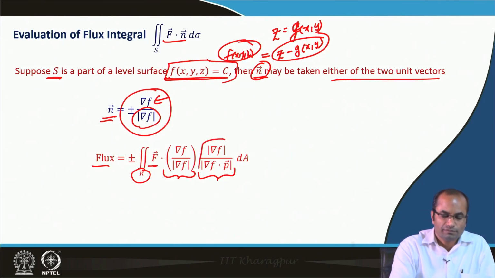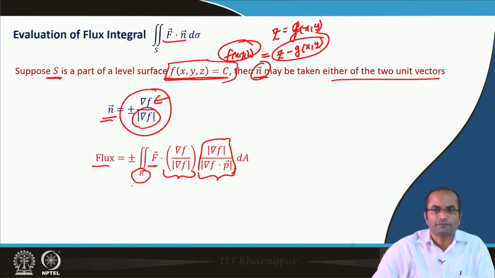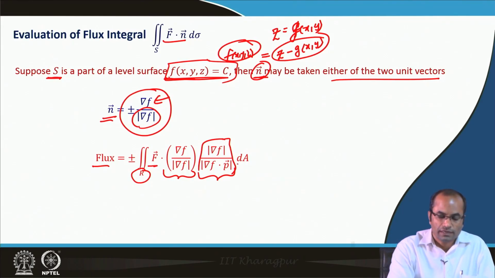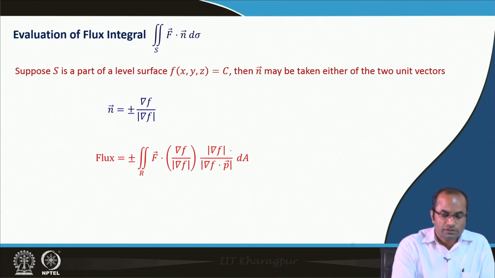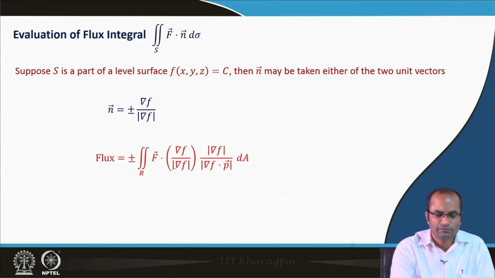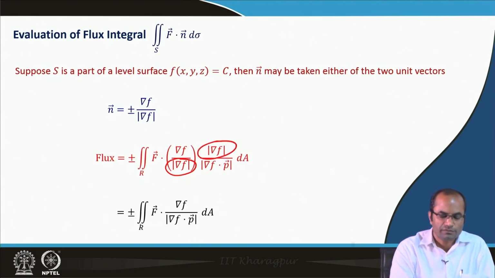So, this factor is the additional factor to compensate for the curvature of the surface, and then this is integrated over the projected region R. We can simplify this more, because the magnitude of the gradient of f appears twice.